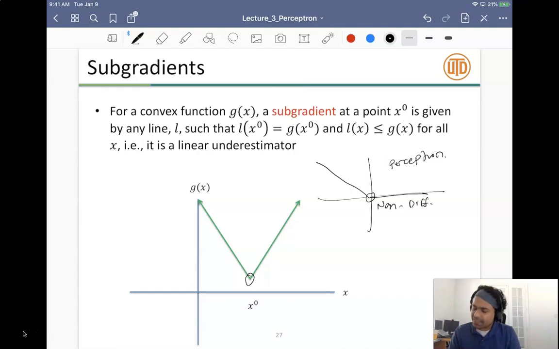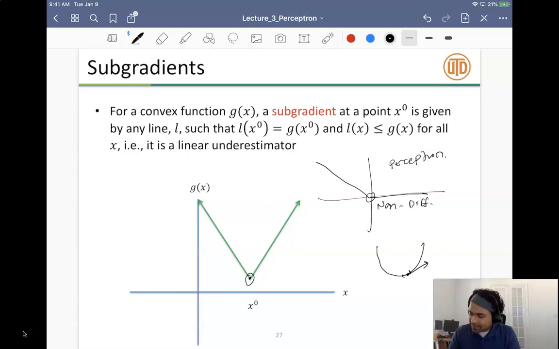The reason why it's non-differentiable is because of the slope. One definition of differentiability is that you compute the gradient from the right-hand side and the left-hand side, and they should match. If I have a function like this, I take any point, and compute the gradient slightly on the right and slightly on the left. The gradients match, so it's differentiable.